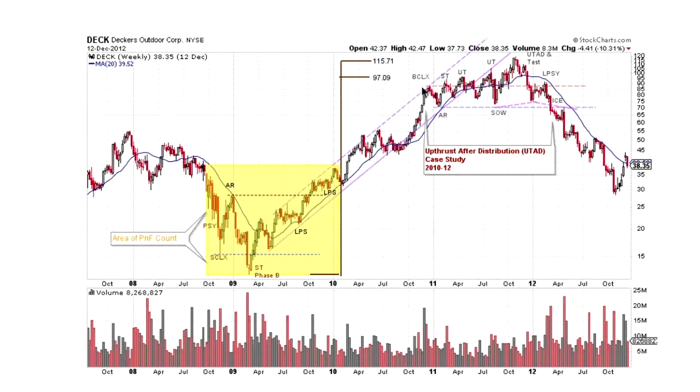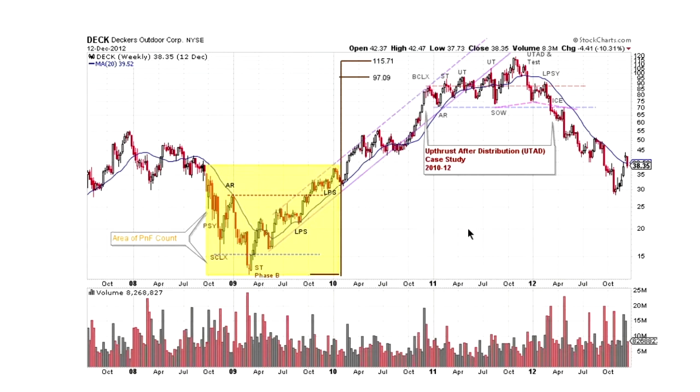This is a more than a year-long distribution that is like the schematic we just looked at with an upthrust at the end. This is one of the biggest and most beautiful examples that I've seen.